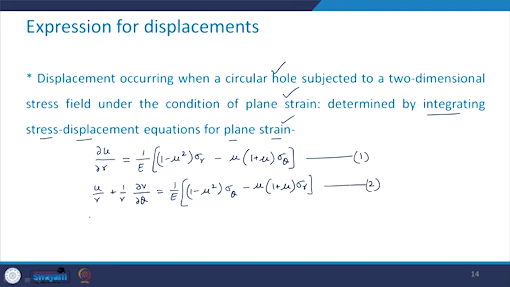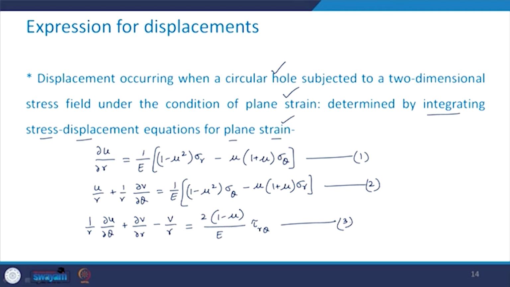And then you have the last equation as 1 upon r del u del theta plus del v del r minus v upon r is equal to 2 1 minus mu divided by E into tau r theta. That is equation number 3. So these are the equations for the stress displacement relationship for the plane strain situation.